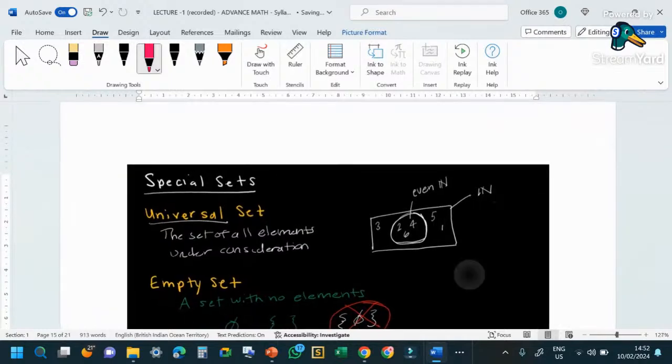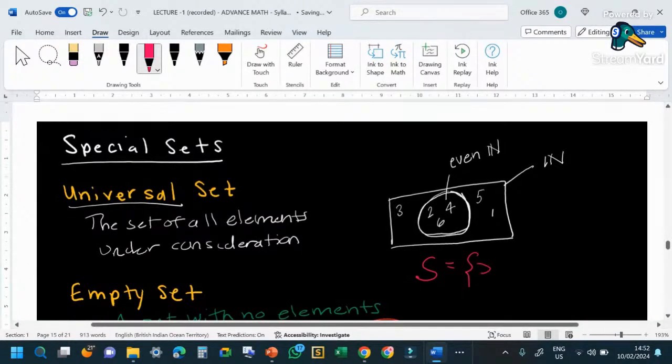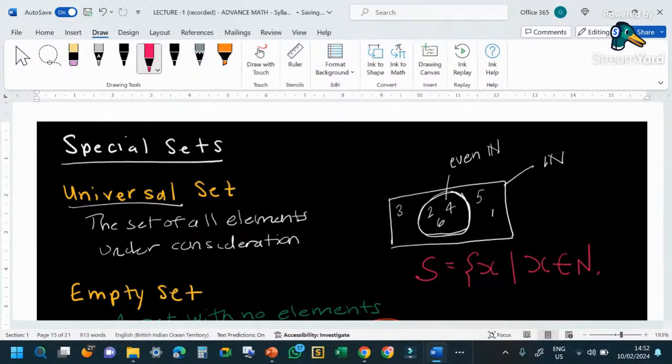If I have a set of all x's such that x is a natural number and that x is less than or equal to 5, then I will have 1, 2, 3, 4, 5.